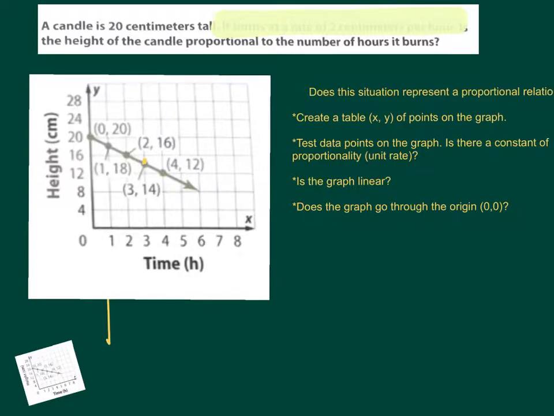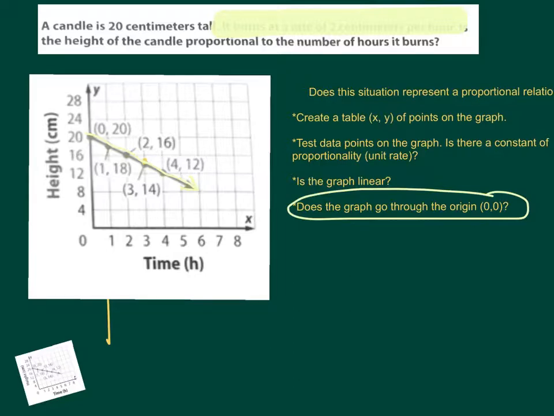So there does seem to be a unit rate, okay? And we seemingly have something that's linear, because the graph is showing a consistent change. However, because this graph does not go through the origin, this cannot be a proportional relationship.